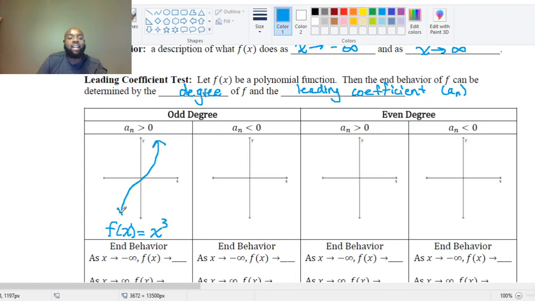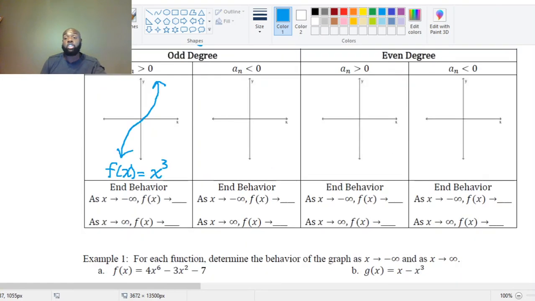All right, it looks something like that, right? And so the end behavior of this function is going to be as x approaches negative infinity, f of x, when negative infinity for my x values are on my left side of my graph. And so what I'm going to fill this blank with is what my y values of my function are doing as I approach the graph to the left.